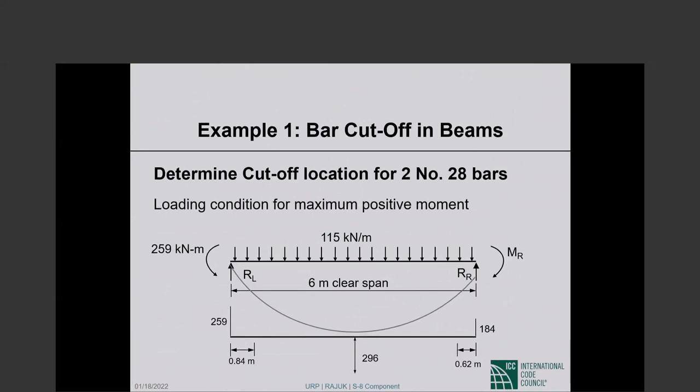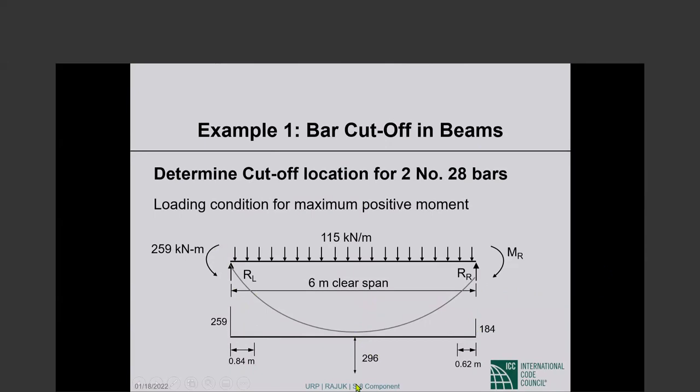So now we have our bending moment diagram, 259 at this support, 184 I think is the calculated value at that support, and 296 is the span moment.